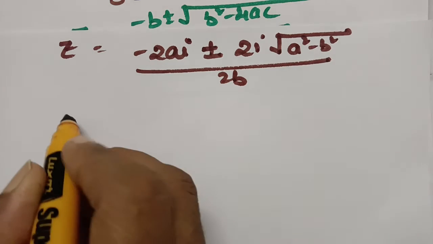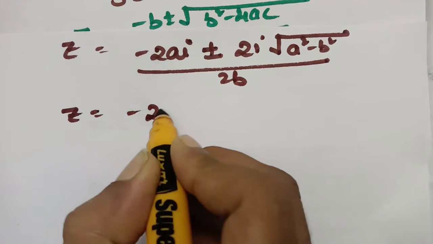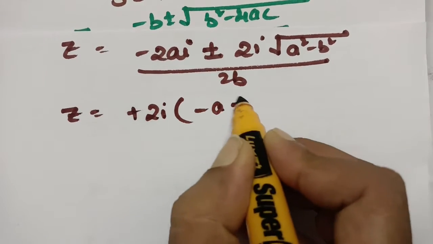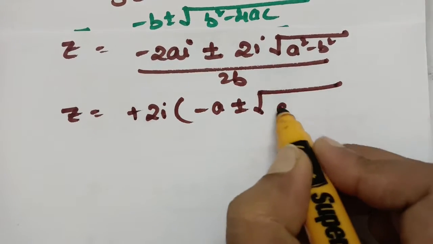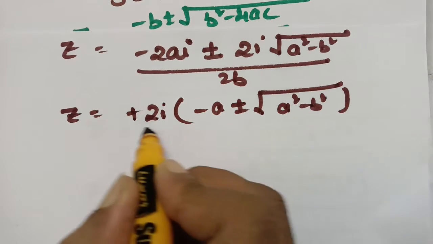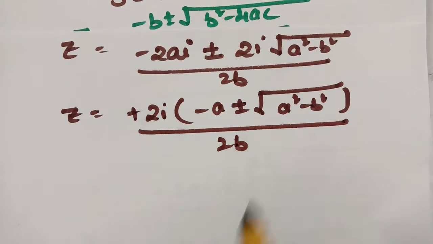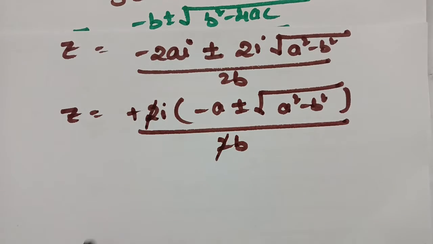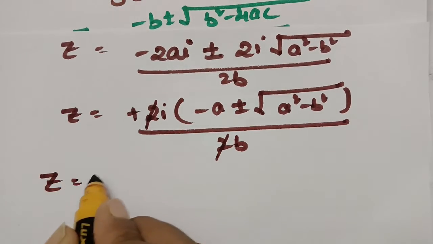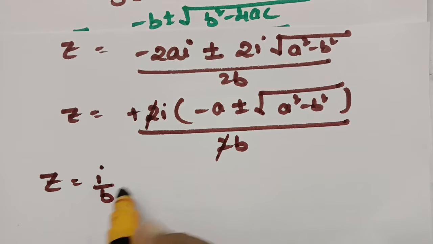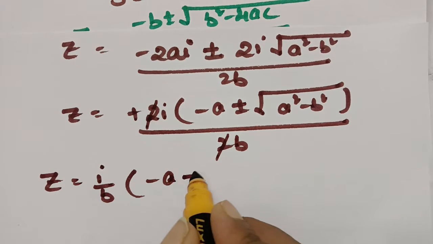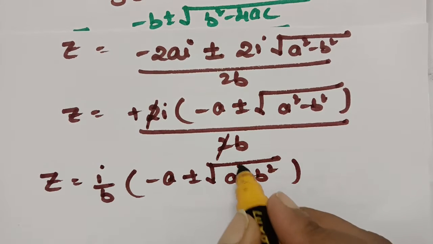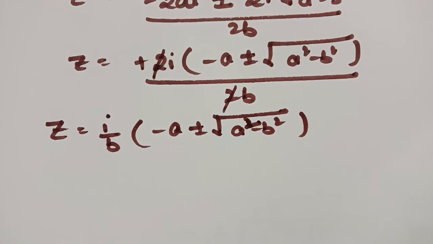Now I can take 2i common, so this will be 2i(−a ± √(a² − b²)) by 2b. And now I can cancel the 2. Our z values are nothing but (i/b)(−a ± √(a² − b²)). Now we got the two poles.